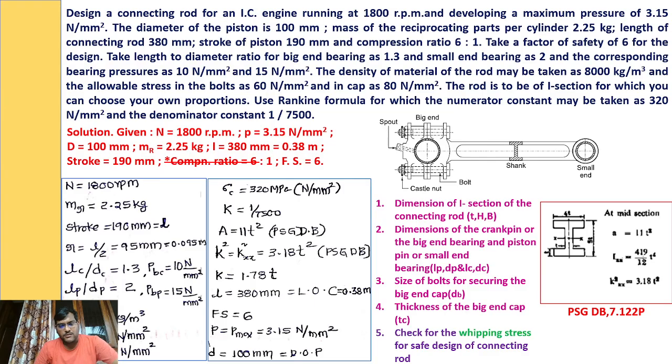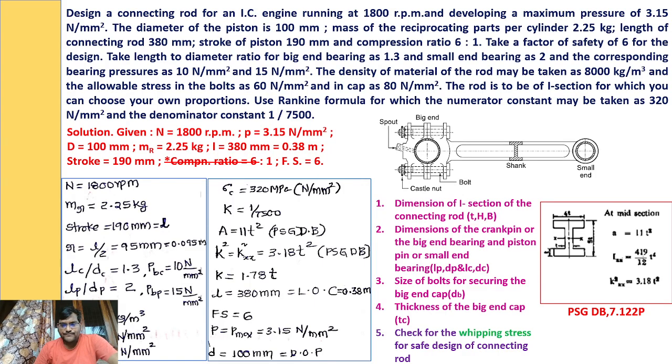So, to withstand those forces, whipping stress is there. So, we have to find how much whipping stress is produced. The stress should be in a safe zone. That's why we have to find the whipping stress. So this is the last point. Our rod should withstand the stress. These points you have to find.